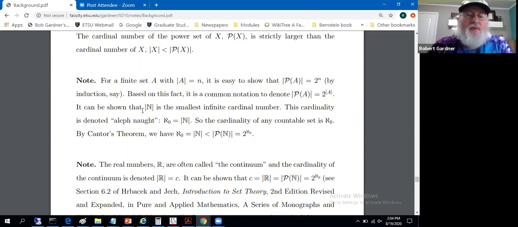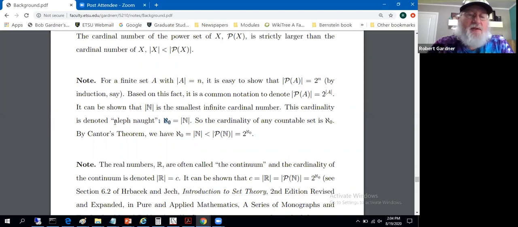It can be shown that, okay, some properties of cardinal numbers, the cardinality of the natural numbers is the smallest infinite cardinal number. If you have an infinite set, it's at least this big. And that can be proved. This cardinality is denoted aleph naught.